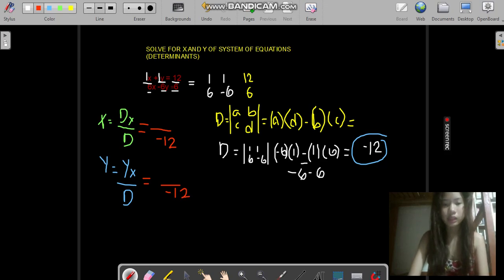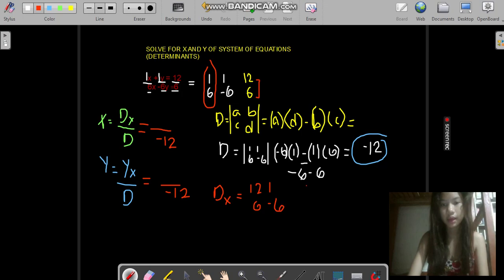And for Dx, let me rewrite this one. For Dx, we need to replace the first column, 1 and 6, with 12 and 6. So it's gonna be 12, 6, and the 1, negative 6 remains the same.